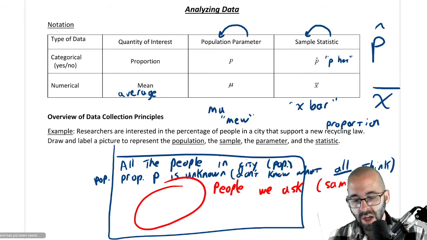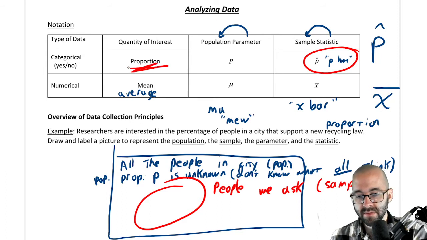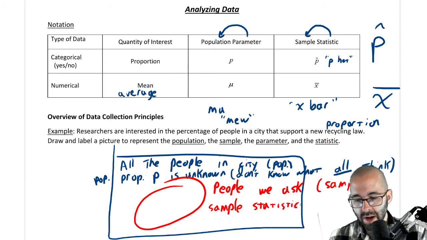All right, and we are going to know what p hat is. P hat says for the sample, the people that we're asking, what is the proportion? So we do know p hat, sample statistic. Oh, population proportion. I also forgot parameter.